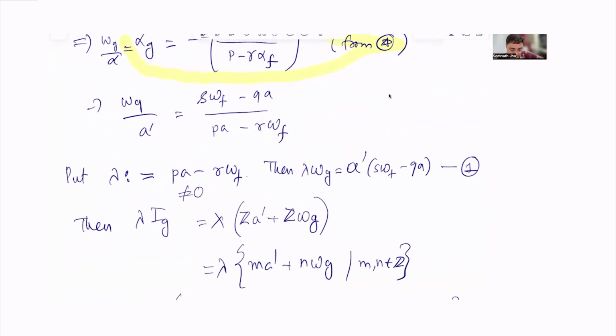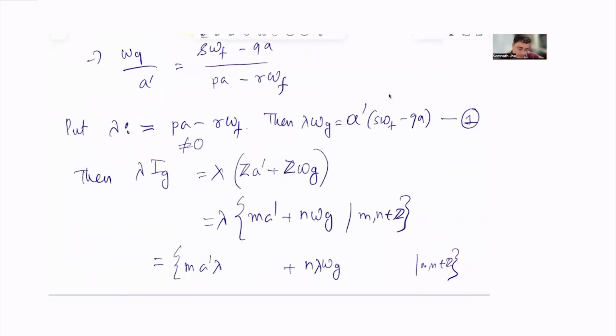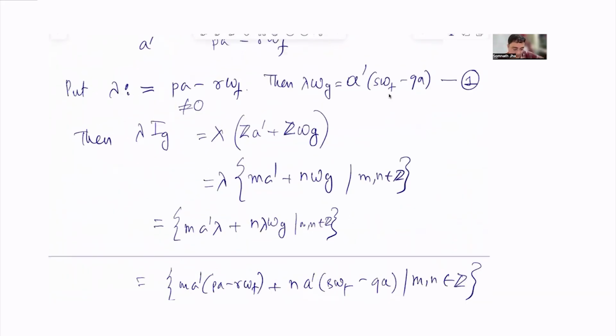And so this is lambda times m a prime plus n times omega g, where m, n vary. I just wrote down this definition. But then you can take lambda inside. So this will be nothing but m a prime lambda plus n lambda omega g, where m and n are in Z. Now you plug in the value of lambda. What is lambda? pa minus r omega f, right? So this is m a prime times pa minus r omega f plus n a prime times s omega f minus qa.